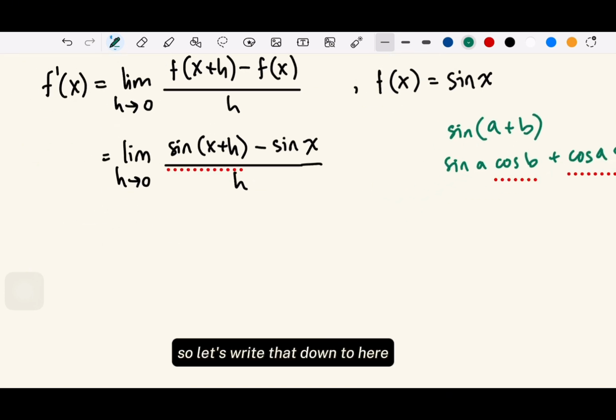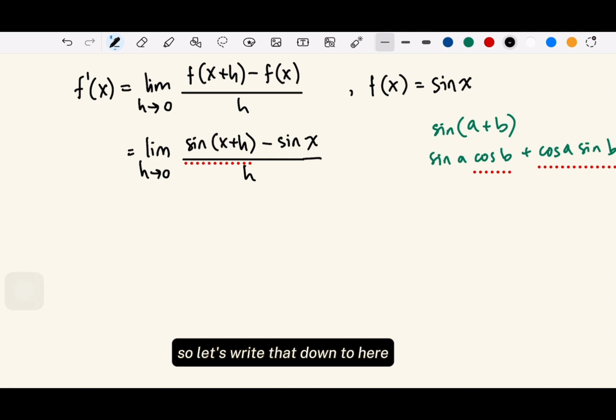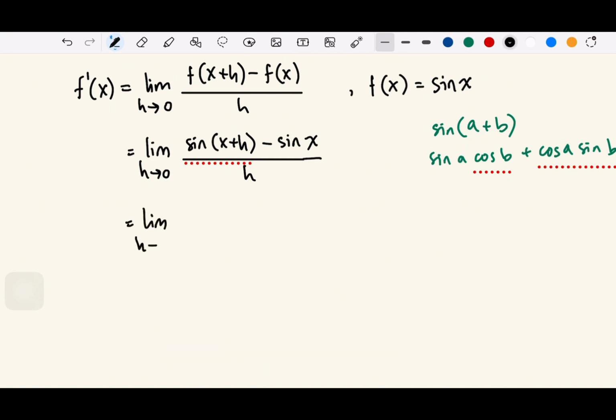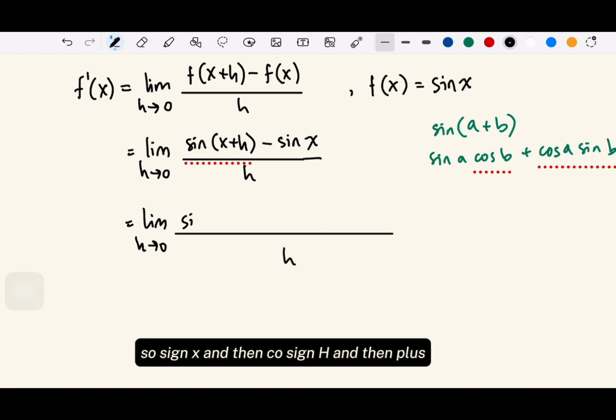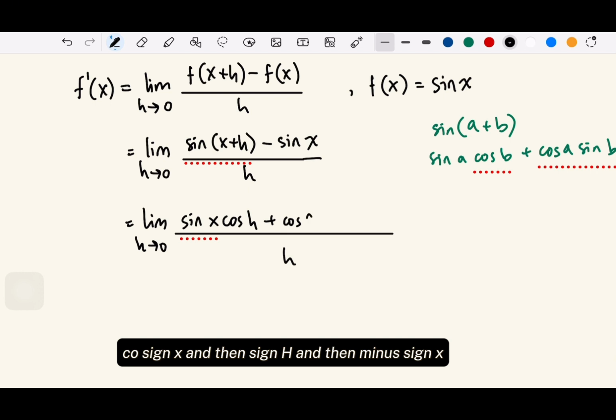So let's write that down here. So sine x and then cosine h, and then plus cosine x and then sine h, and then minus sine x.